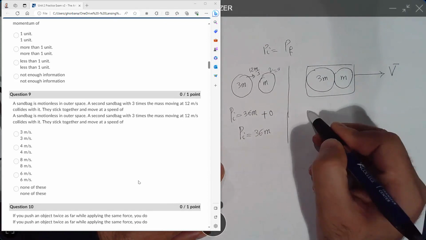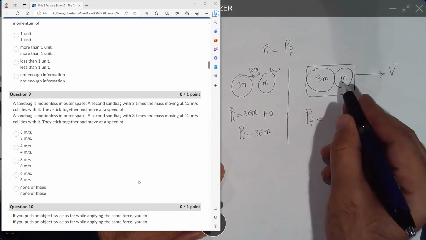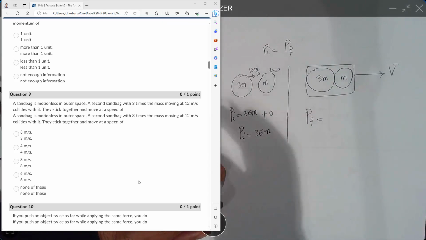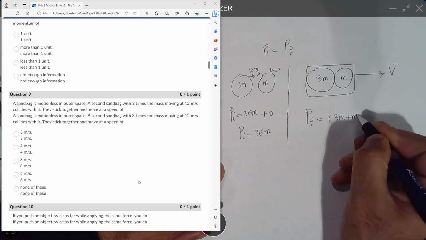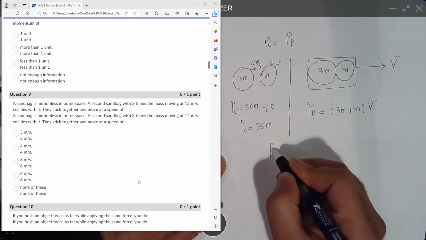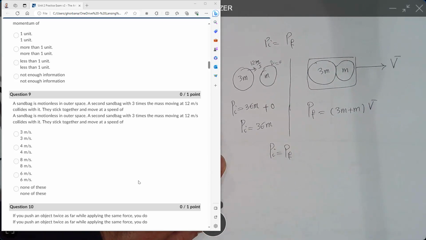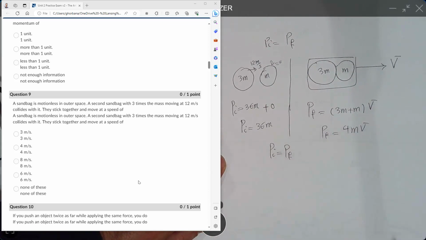After the collision, they stick together and will have the same velocity. So 3m and m is going to be one united mass, 3m plus m times the same velocity. And we know that PI should be equal to PF, conservation of momentum. PF will be 4mv.